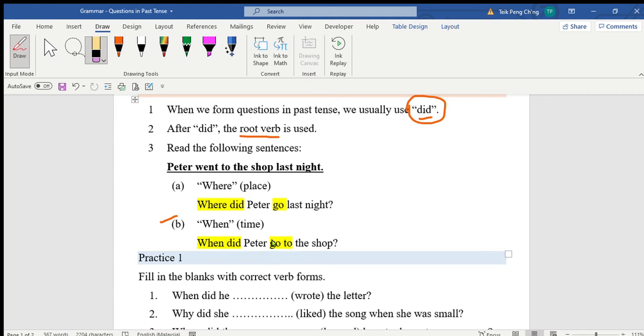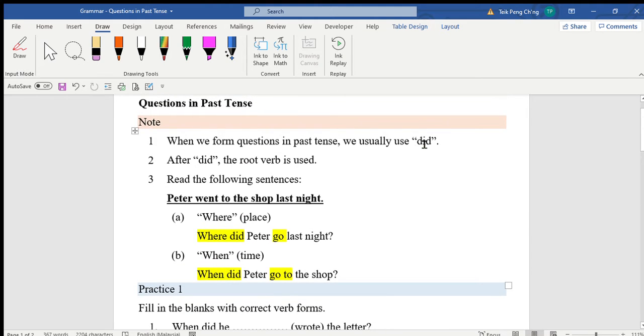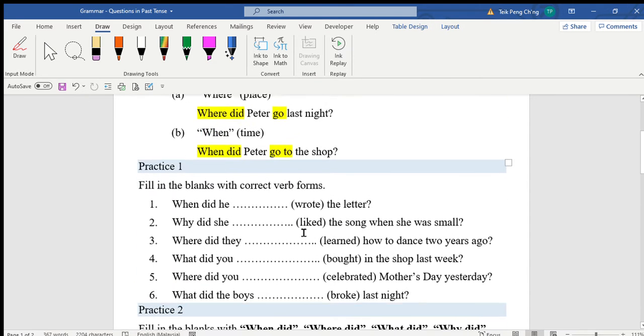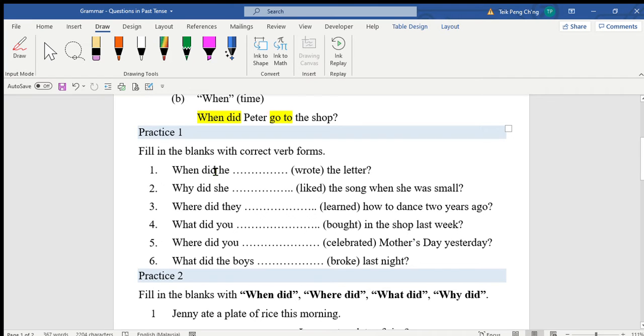Okay, so before we go to the exercise here, you need to remember that when we form questions, we need to use the word did in past tense. And when we use did, we need to use the root verb. Okay? Now look at practice 1. Fill in the blanks with correct verb forms. When did he wrote?